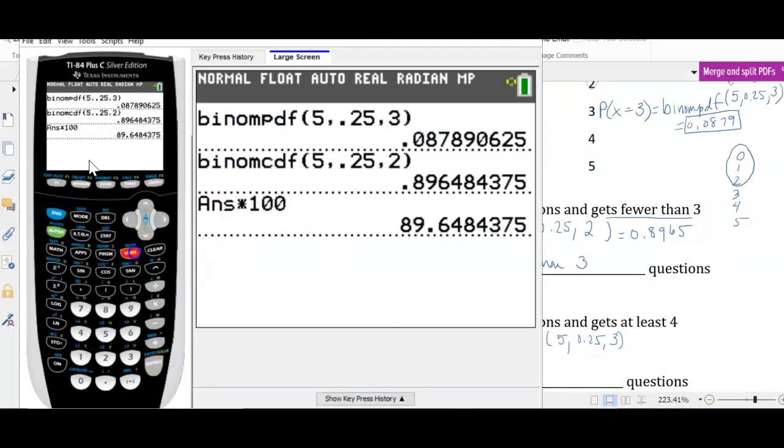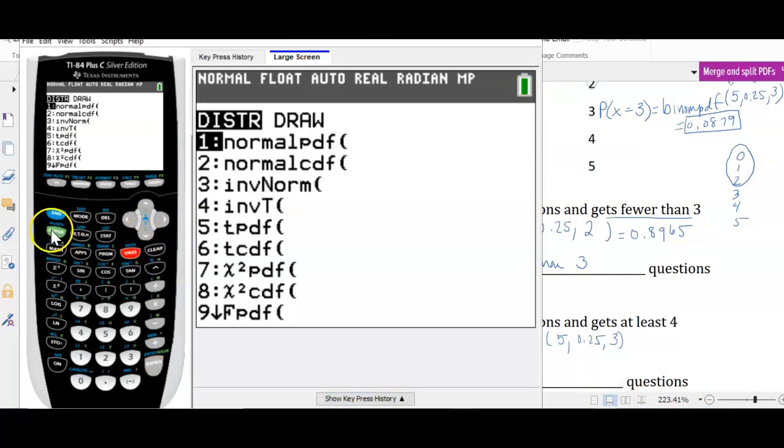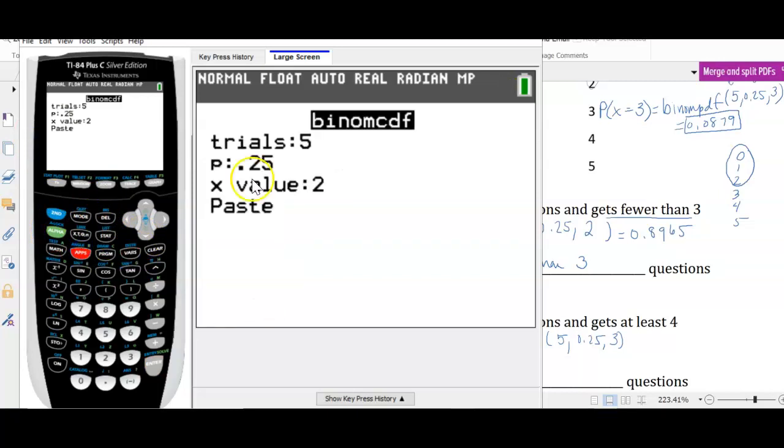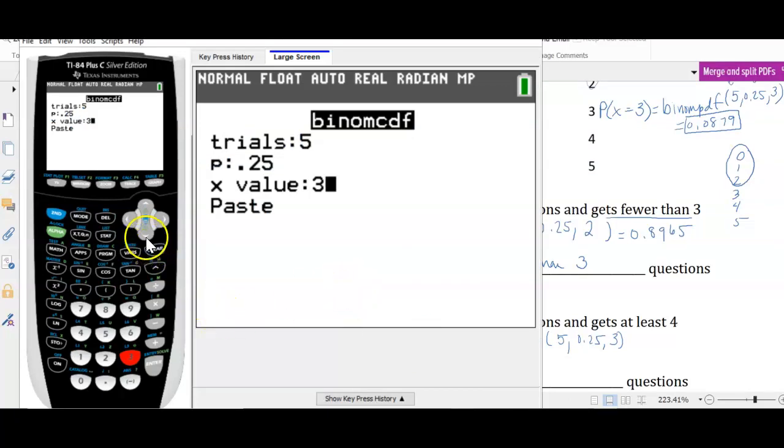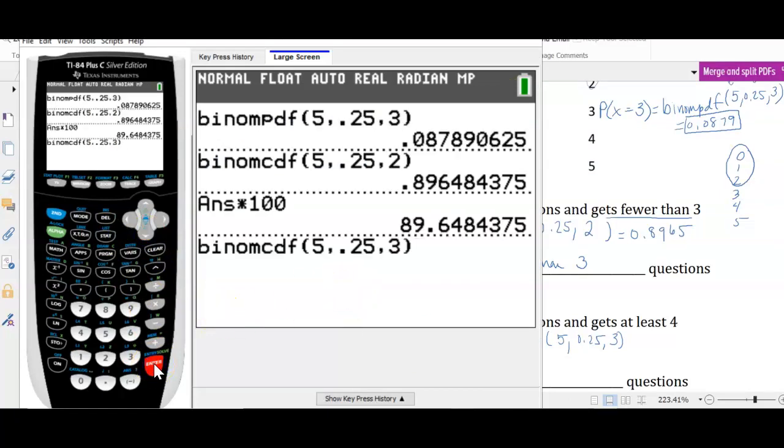So the binomial CDF, I have 5 trials, 0.25 probability. My x is going to be 3 in this case because 3 is what is with my less than or equal symbol. And I get the answer of 0.94375, and I take that away from 1.